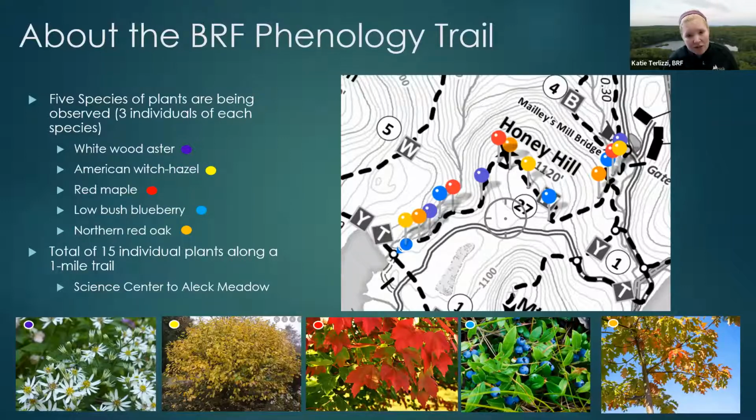It's a big canopy tree, one of our more common tree species here. And then the lovely lowbush blueberry, which is about a knee-high bush, and around July is when you start to see the actual blueberries on the bushes. And then the northern red oak, which is the dominant tree here at Black Rock Forest, comprising probably almost 70% of the basal area of all of the trees.